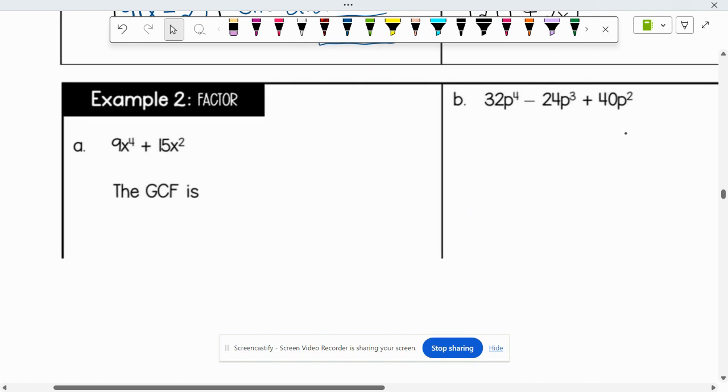So the next one, I didn't tell you what the GCF is, but I will tell you that it's got a variable term as well. So what number divides both 9 and 15? 3. Okay. I'm going to give you a hint.